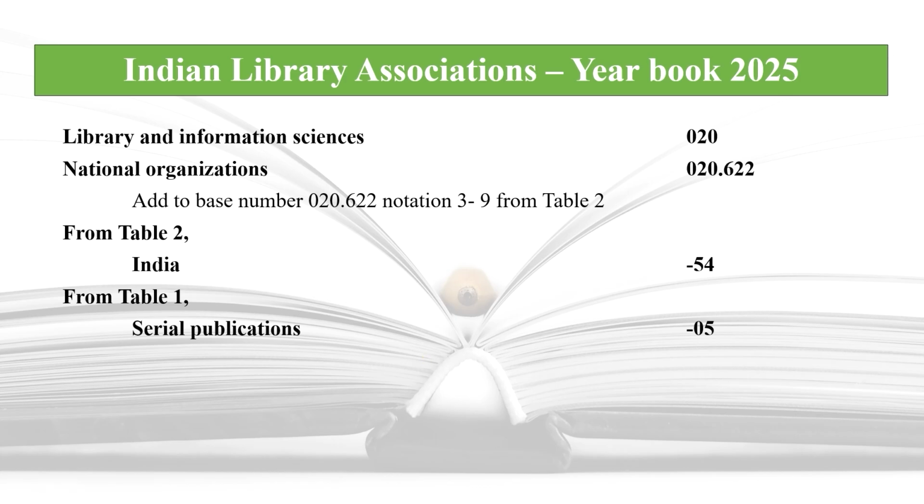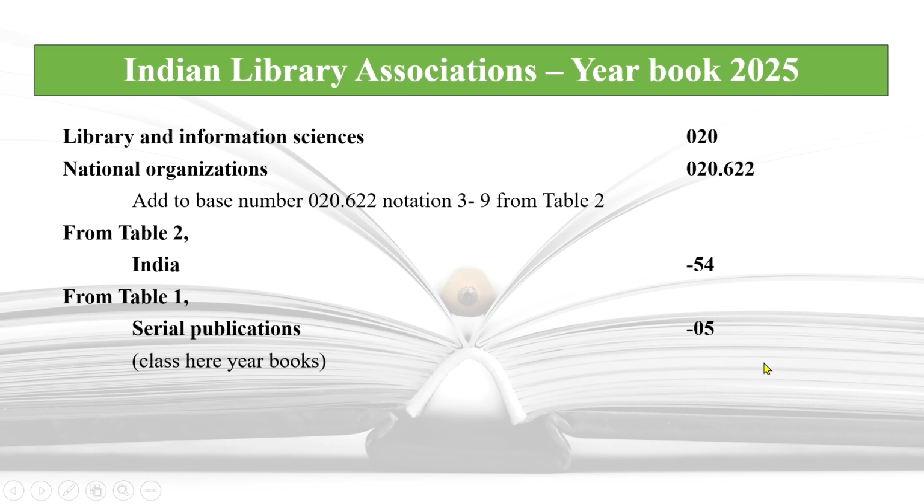And we cannot add the number for 2025 because we have added the number for the serial publication, that is 05. So we have to make it with the help of the book number.